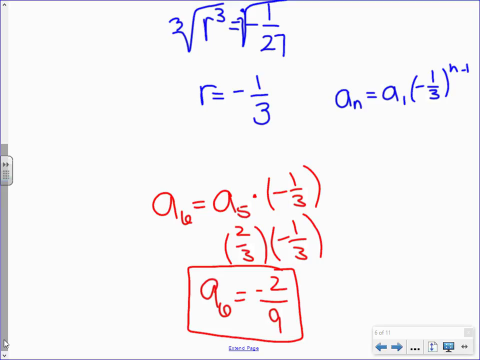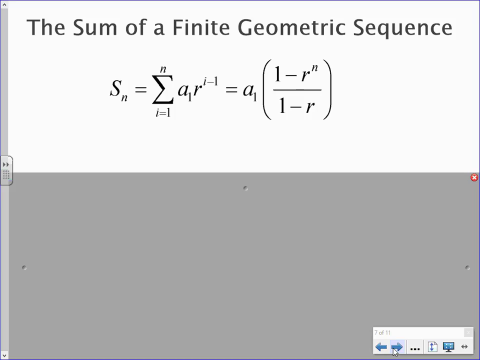Okay. All right. Geometric series. Here's how we find a finite sum for a geometric sequence. Here's our geometric sequence summed up to n number of terms.